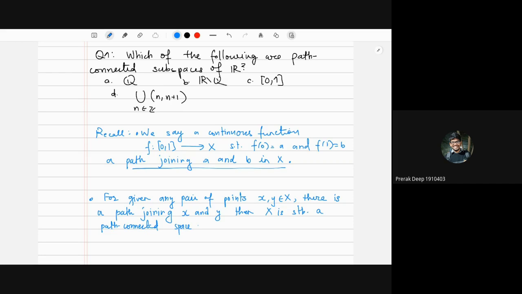So today's topic of discussion, for those who joined just now, is path connectedness, and I'm just discussing the first question. The first question is on the screen, as well as the definition of path and path connected spaces. I'm giving you a few minutes to think about this question and let me know your guesses or answers.